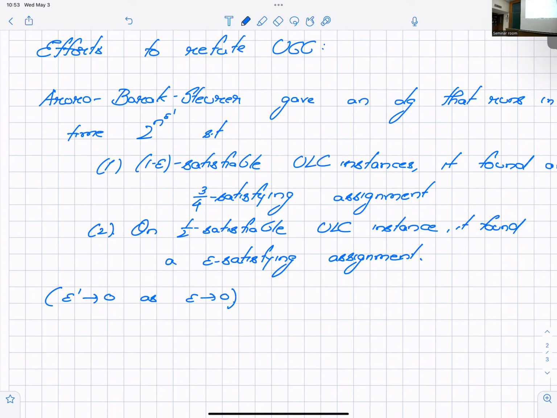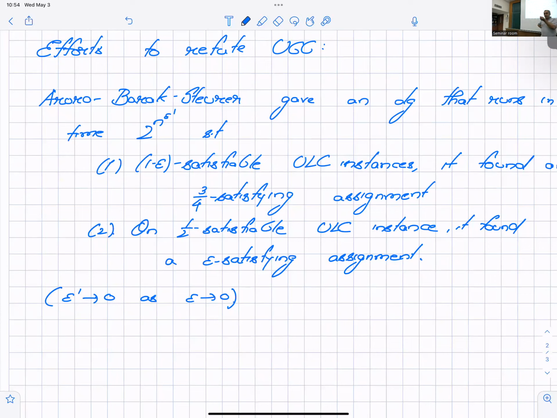You want to say UG is NP-hard. What does it mean to say UG is NP-hard? That's a conjecture. That means there's a poly time reduction. Now you can ask, what is the running time of that reduction? Is that reduction a fixed polynomial time, or is the exponent growing as a function of epsilon?